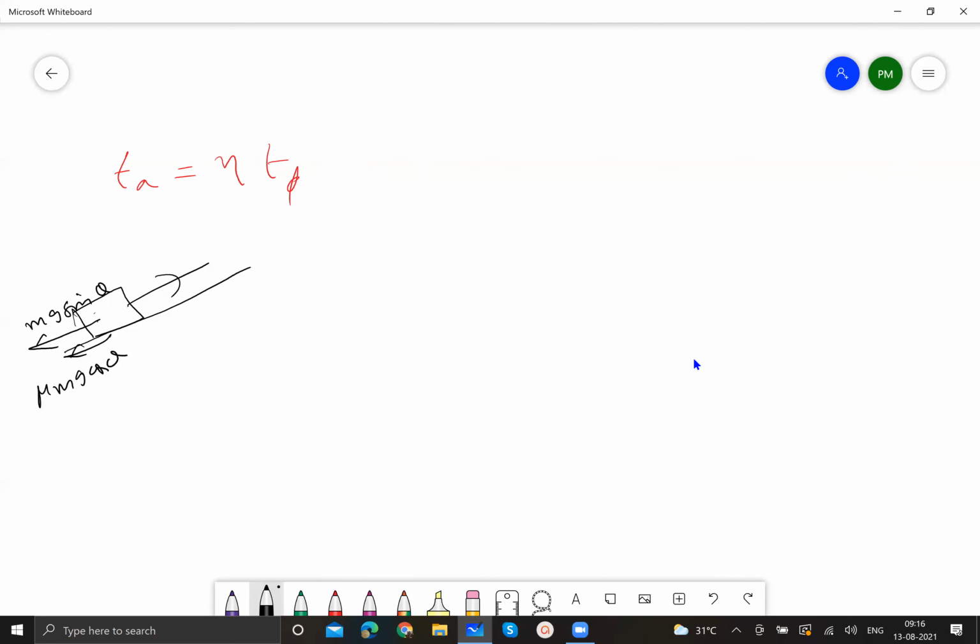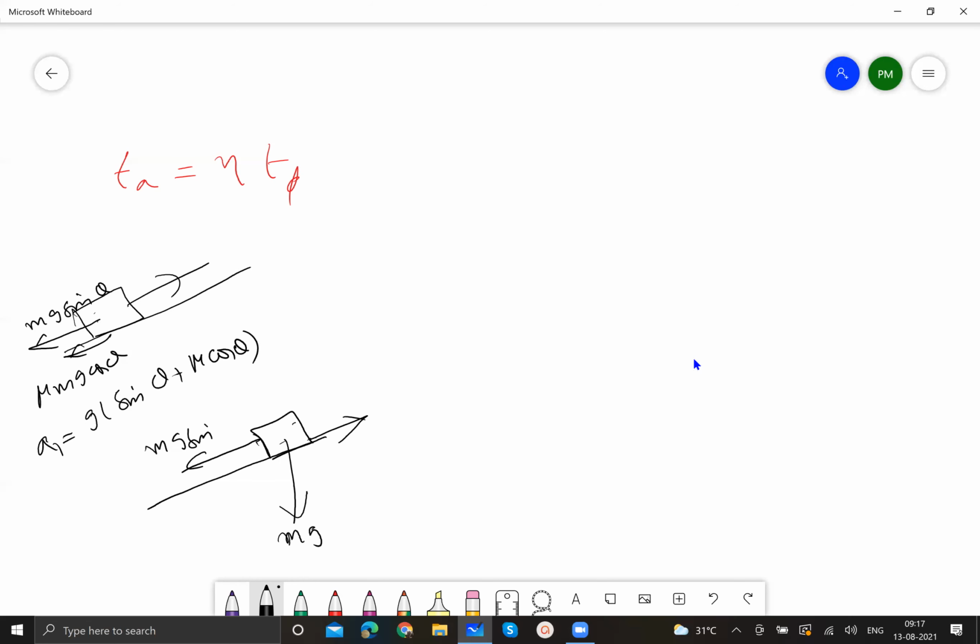So you will get A1 is g into sine theta plus mu cos theta. Whereas if the body is attempting to slide down the plane, then this is mg and this is mg sine theta.